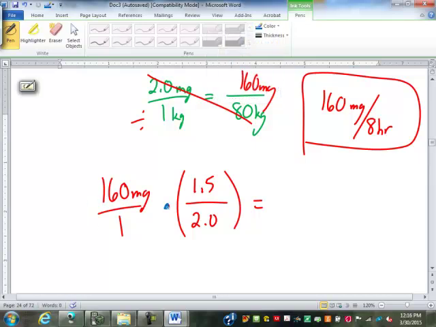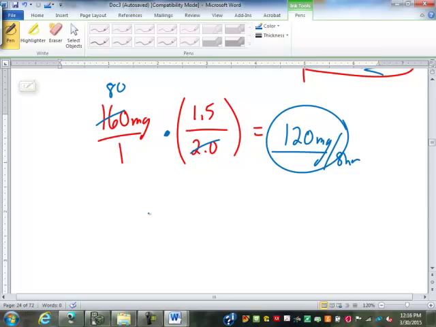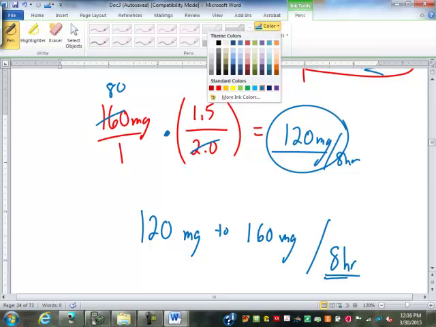Again, this is multiplication, not a proportion. We're multiplying straight across. We can cross cancel. The 2 and the 160 get 80. So 80 milligrams times 1.5 is 120 milligrams. And of course that's still per 8 hours. So the safe dose for this patient is between 120 milligrams to 160 milligrams every 8 hours.